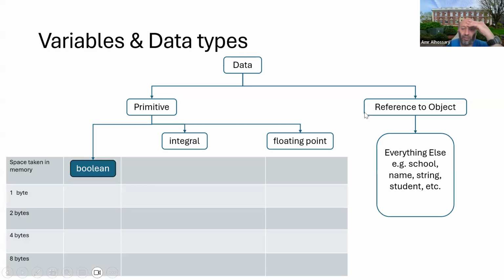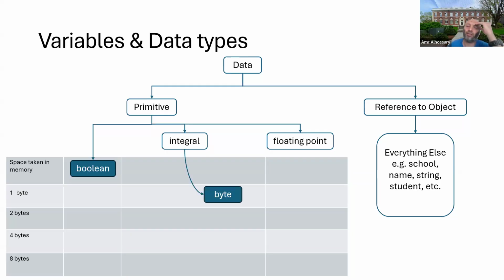For the primitive data, we have data of type 1 or 2 or 4 or 8 bytes. Boolean data type size is not defined across Java, so it's implementation details. That's why I didn't put it in any of these sizes. This is done on purpose.